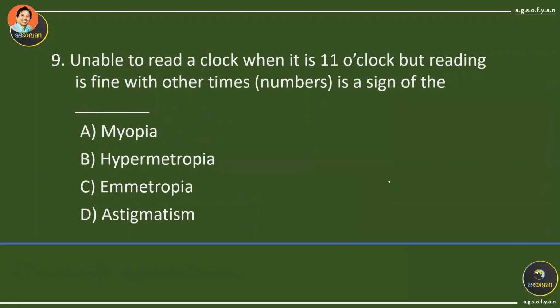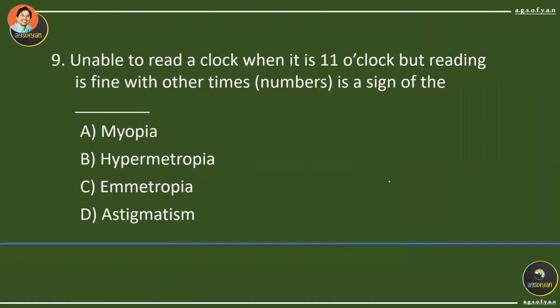Being unable to read a clock when it is 11 o'clock, but reading is fine with other times or numbers like maybe 2, 3, 4, is a sign of the A, B, C, or D. If you see 11, it means that there are two lines that are close together.